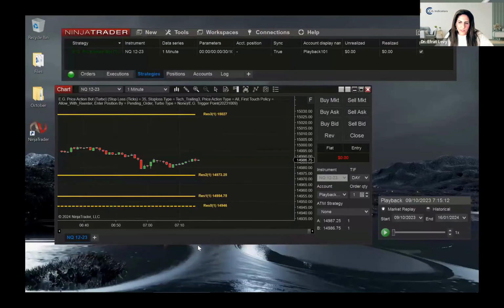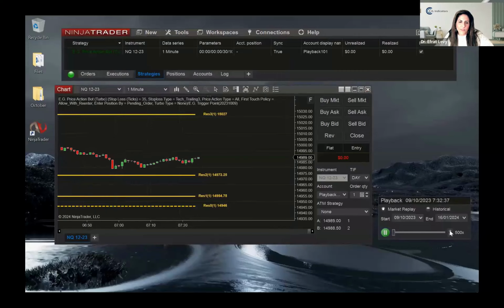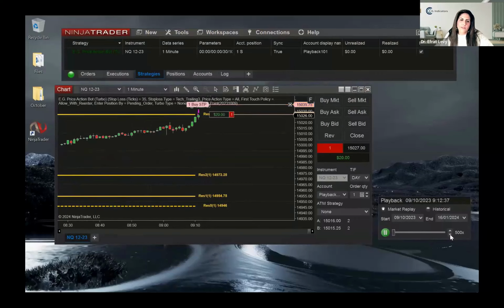So I play the market replay, play the market data, and see how the price moves. And I expect when the market reaches the area of the levels above, it's short, and all the levels below will be used for long positions.